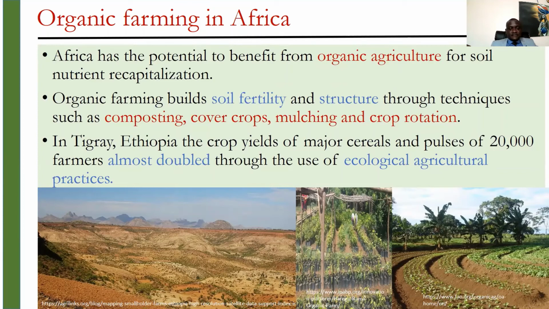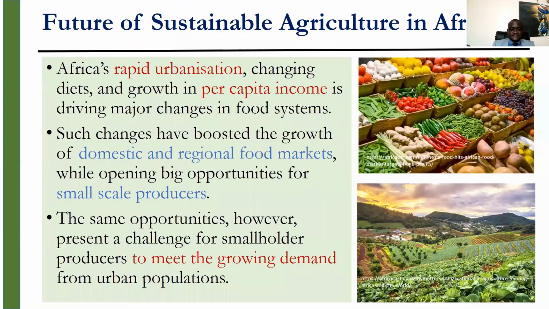Organic farming builds soil fertility and structure through techniques such as composting, cover crops, mulching, and crop rotation. In a region called Tigray in Ethiopia, where there is now war going on, the crop yields of major cereals and pulses of 20,000 farmers almost doubled through the use of ecological agricultural practices.